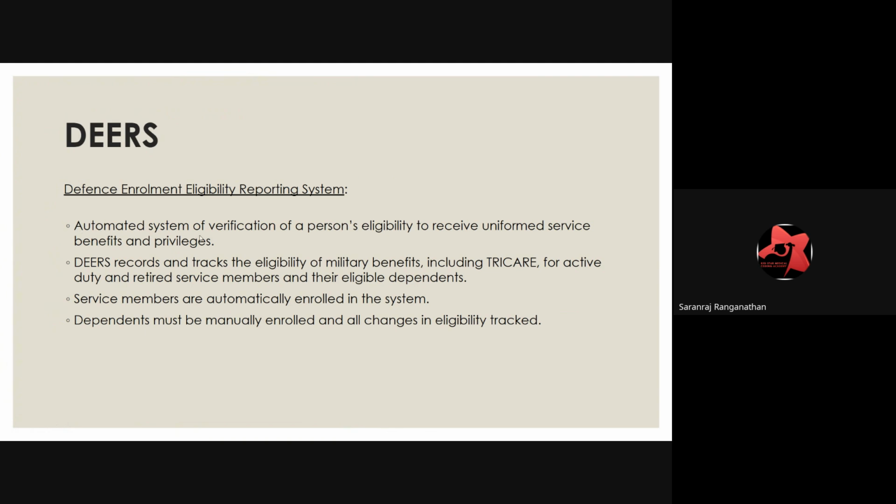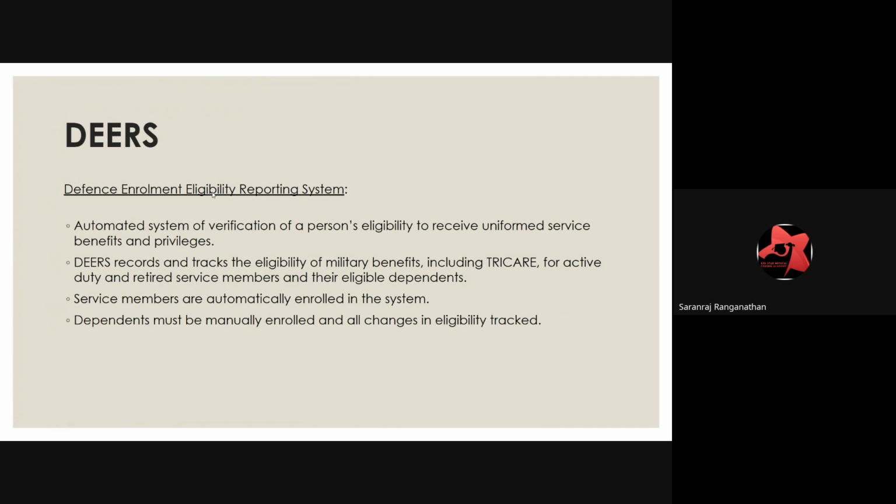Then the Defense Enrollment Eligibility Reporting System is an automated system for verification of a person's eligibility to receive uniformed service benefits and privileges. So in this reporting system, what are they telling? That one is related to the service only. DEERS records and tracks the eligibility of military benefits, including TRICARE, and the active duty and retired service members and their eligible dependents.